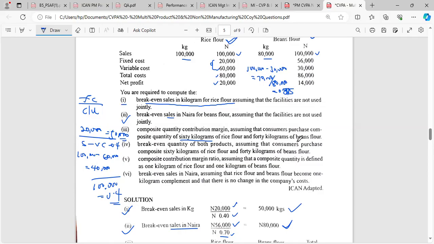Once you know it is over. Now, this one we are going to apply weighted average. But watch.